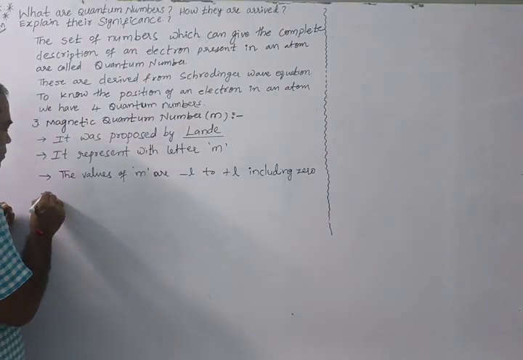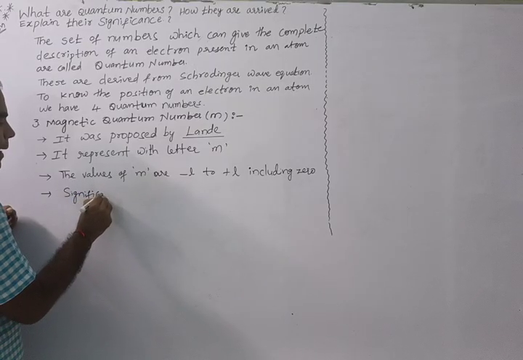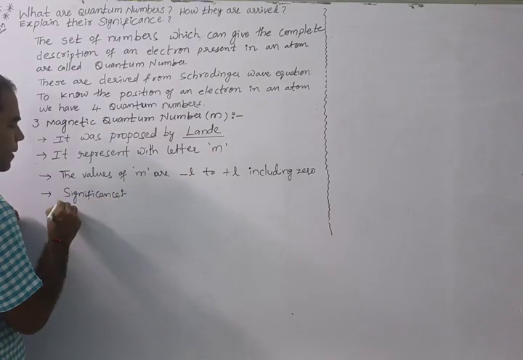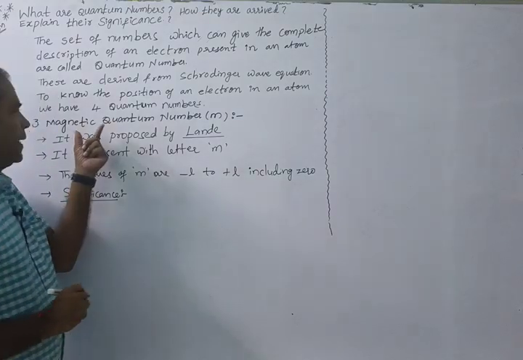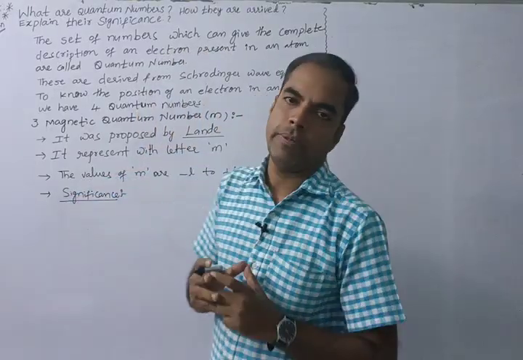What is the significance of the magnetic quantum number? Let us see. The magnetic quantum number mainly explains the orientation of the orbitals.